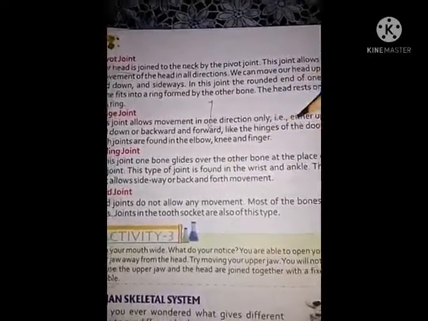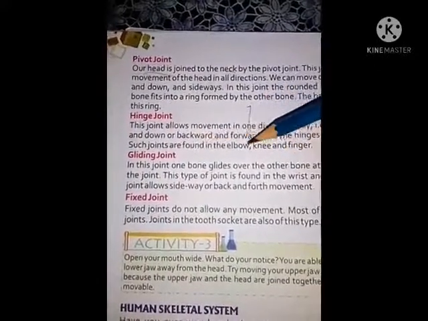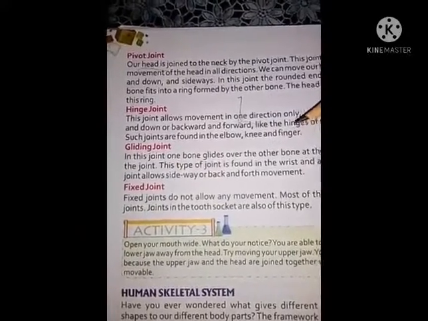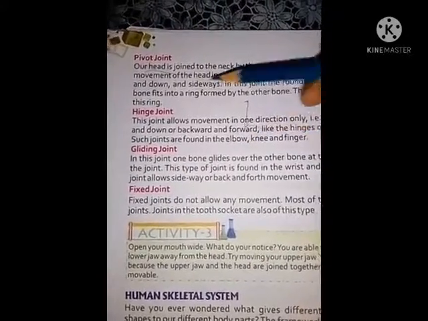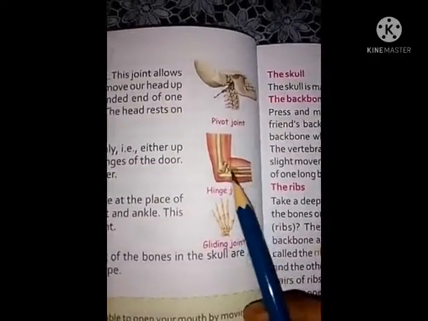Understand? Like the hinges of the door. Such joints are found in the elbow, knee and finger. So in elbow, knee and finger, hinge joint is present. This is the hinge joint.